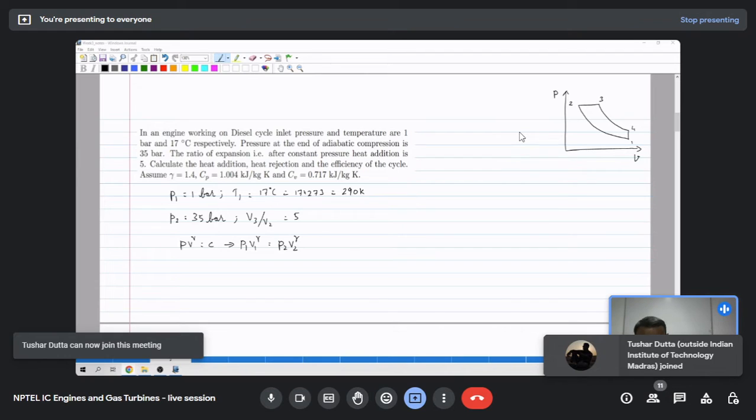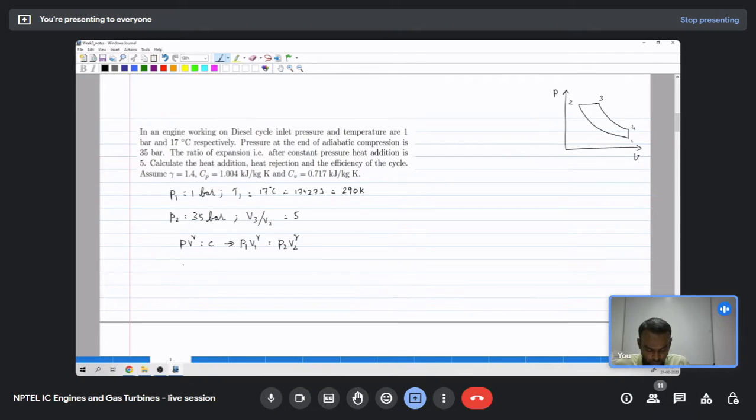Now we have to calculate V2 by V1, so that would be P1 by P2 power 1 by gamma.